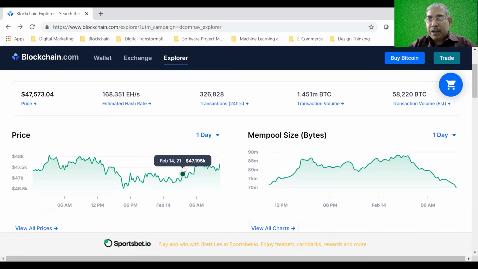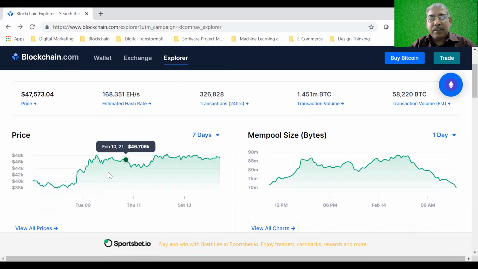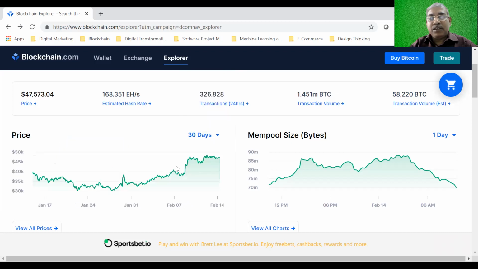There's a graph on the price of Bitcoin, very similar to the graphs that you see for stocks or for bullion or for any other commodity. And you can see how the Bitcoin prices are changing for the last 7 days. It has seen a huge growth around the first week of February. And for the last 30 days, overall, I think the Bitcoin price is going up.